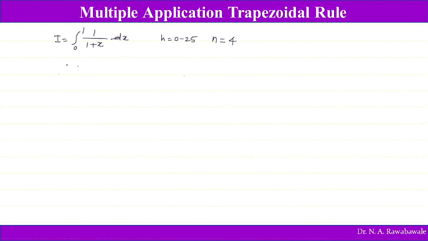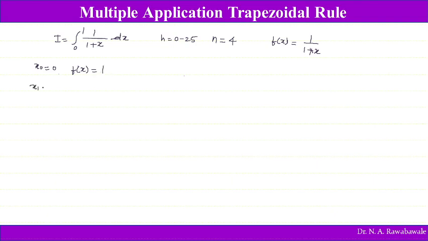We take x0 equal to 0. The function f of x equals 1 divided by 1 plus x, so if we substitute x equal to 0, this value becomes 1.